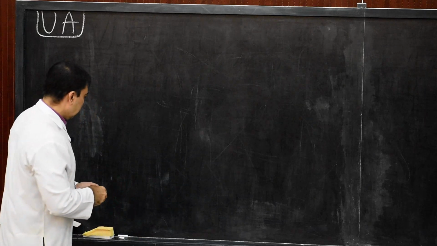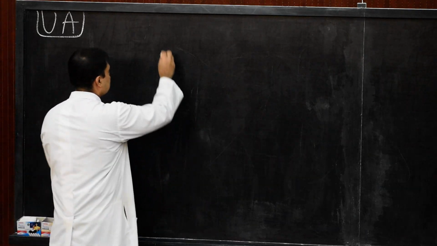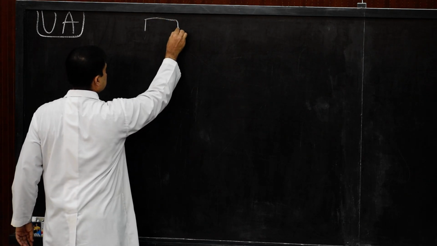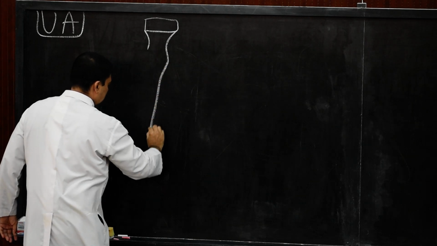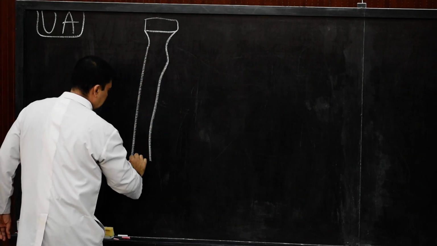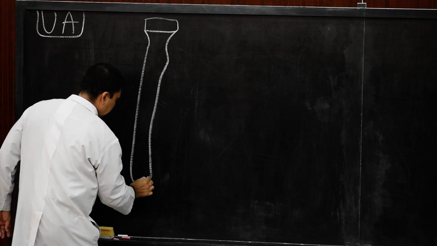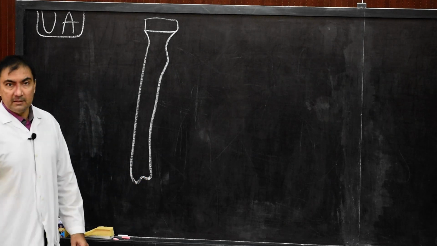Therefore, in order to understand, let us first draw the radius bone. This will be the radius bone. In order to draw and understand, we need to draw the radius and ulna both.